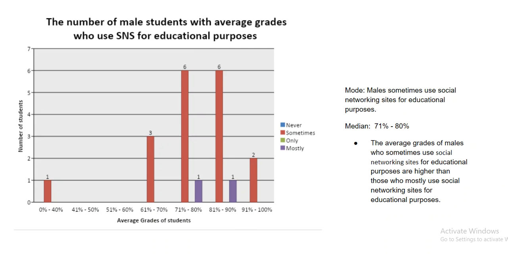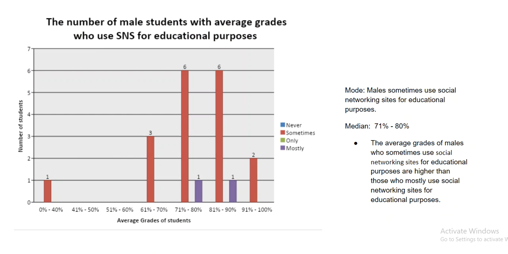The median for this data is in the range between 71% to 80%. Only 2 males answered that they use social networking sites mostly for educational purposes, and the remaining answered that they sometimes use social networking sites for education.